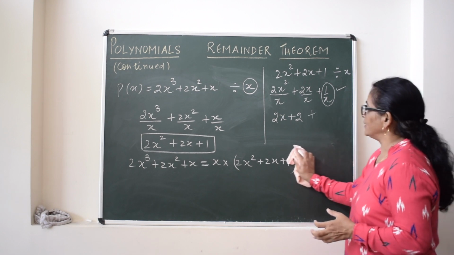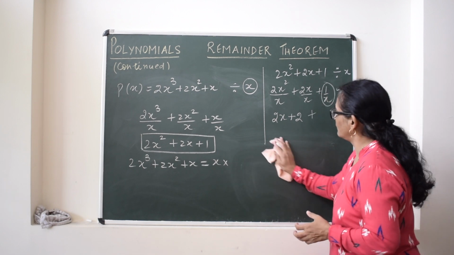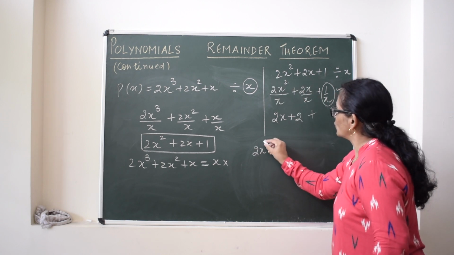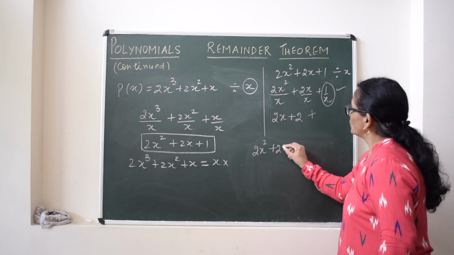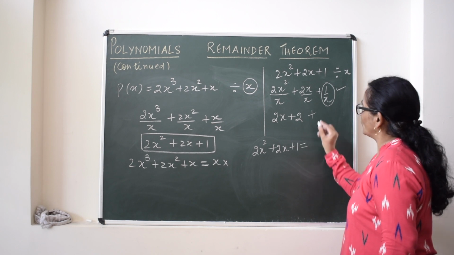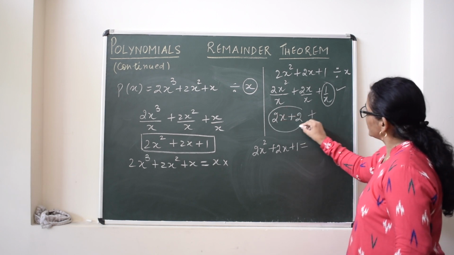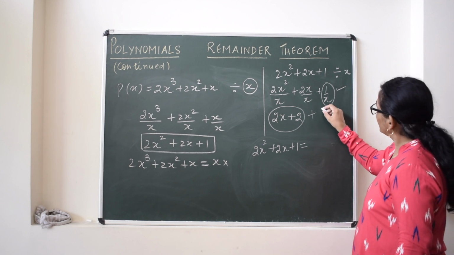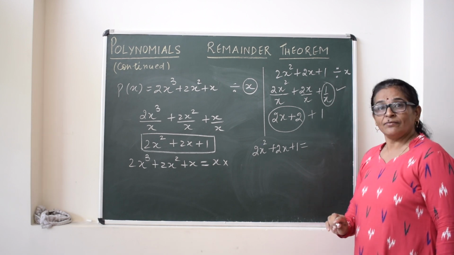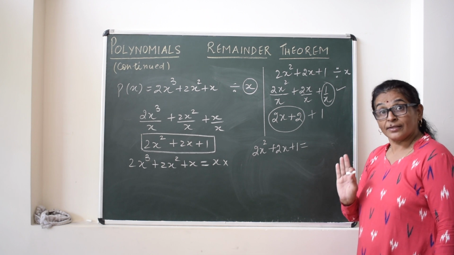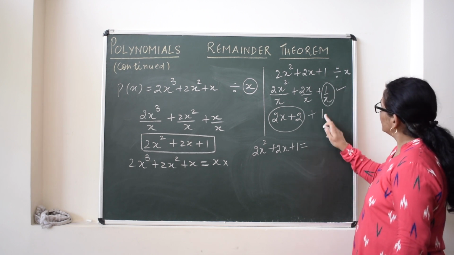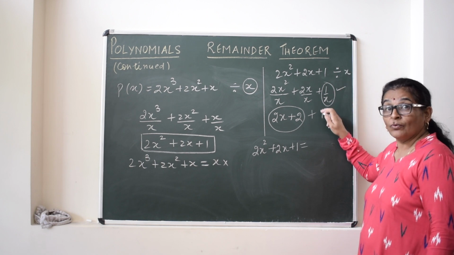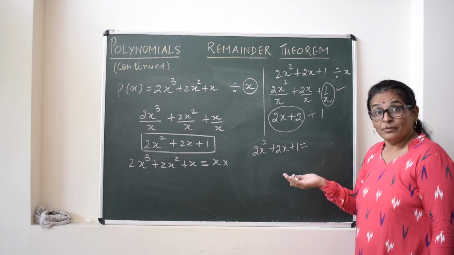So how will we write it? We write it as the dividend, that is 2x squared plus 2x plus 1, is equal to the divisor multiplied by the quotient, and this much is the quotient, and this term, simply we will write this 1 as a remainder, because this 1 we will not divide by this x, otherwise this term will not be a term of a polynomial.